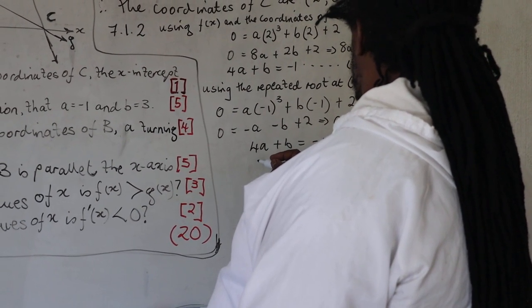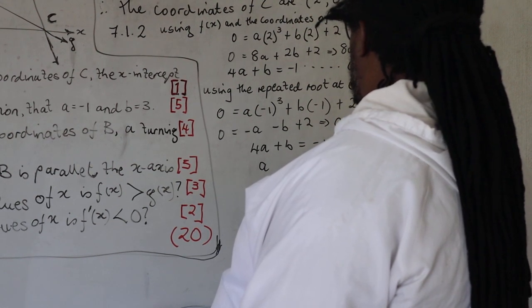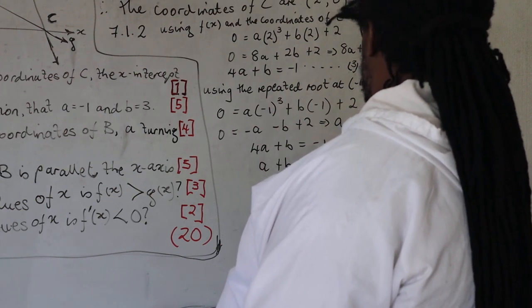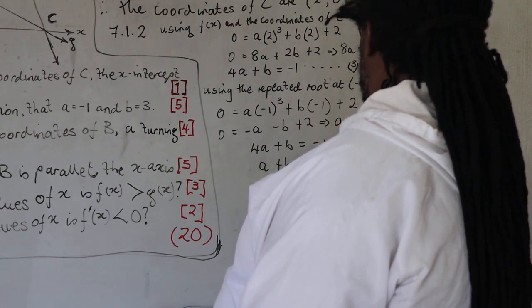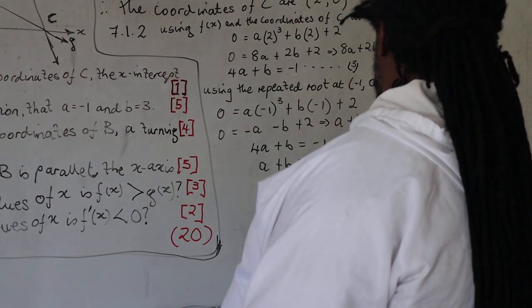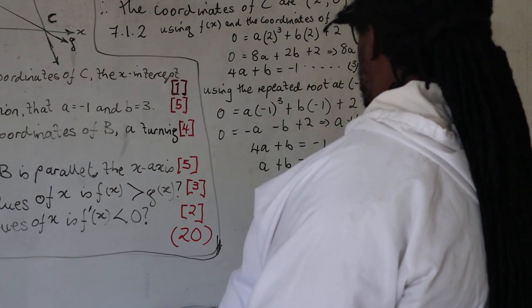And then taking 4, we have a plus b is equal to 2, and that gives us equation 4.